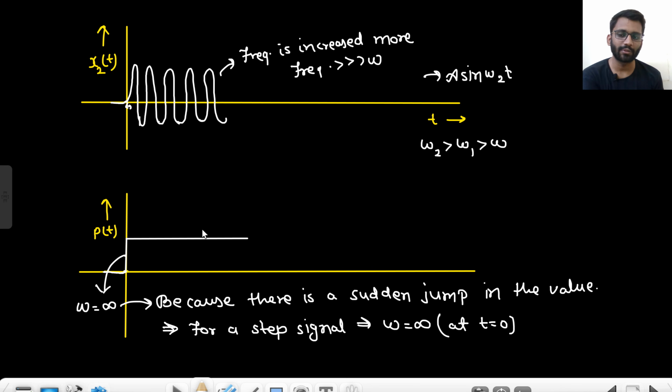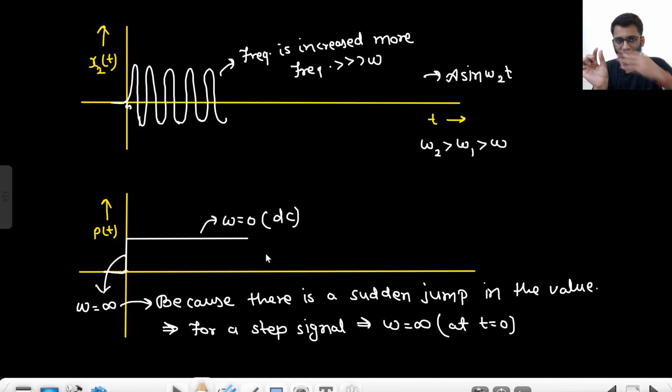So here we have omega equals infinity, but at DC omega equals 0. This is the DC part, right? If it is reaching its maximum value in this much of time, it has some frequency. In this much of time, it has lower frequency. But it is reaching in no time, that means it has infinite frequency. Are you getting it? More time, lesser frequency.